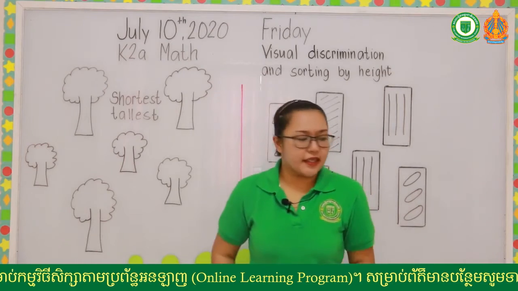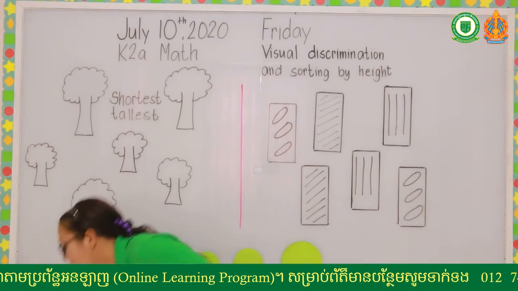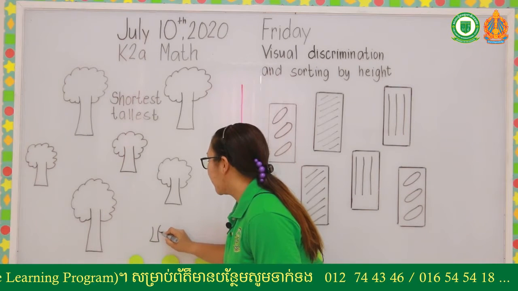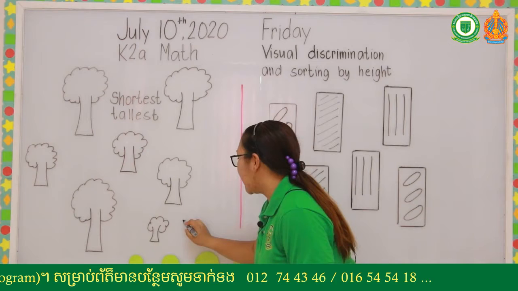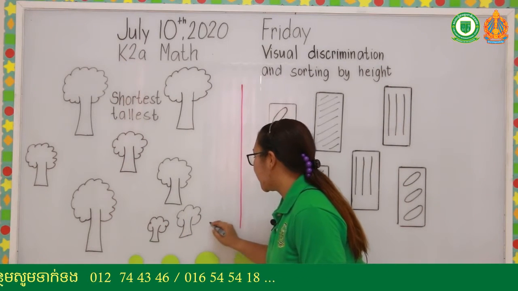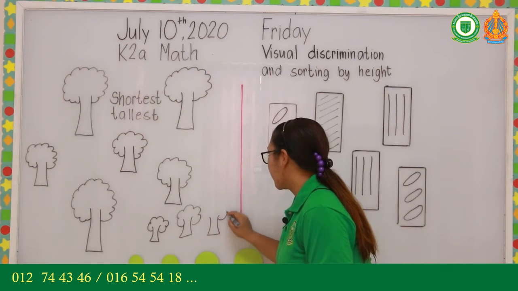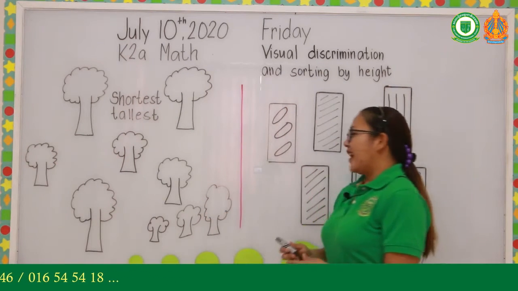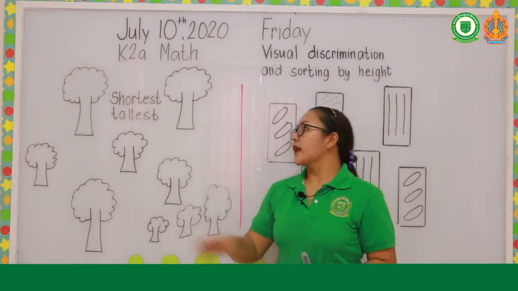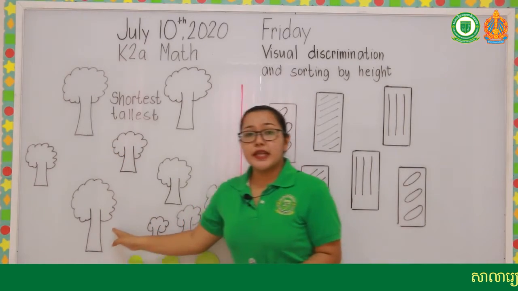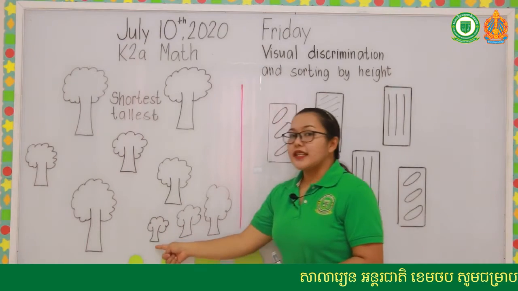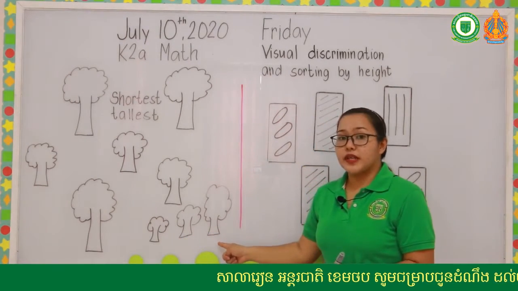Now when we say shortest, for example, I'll draw 3 trees. These 3 trees are short and these 3 trees are tall. Now let's look at these 3 trees.